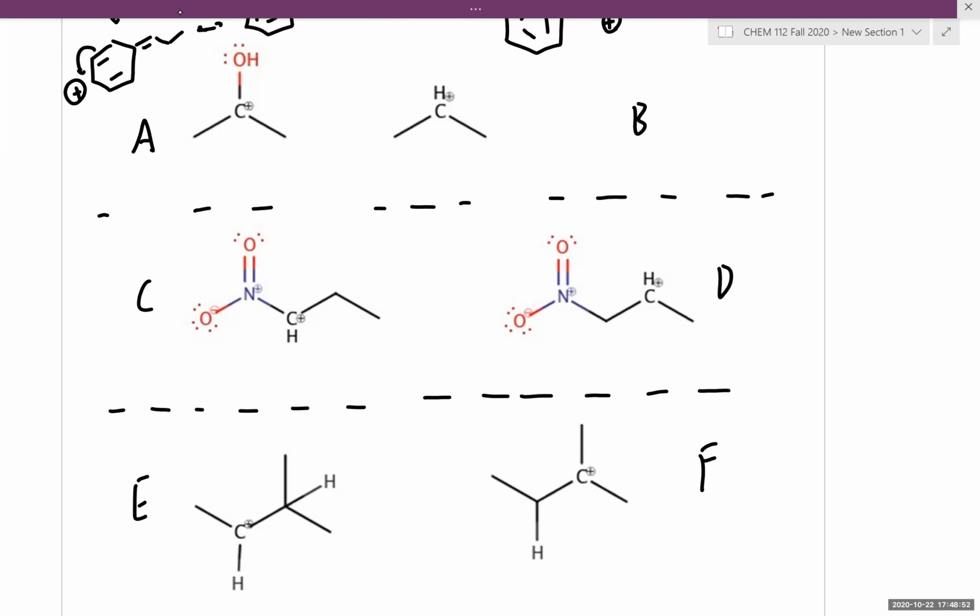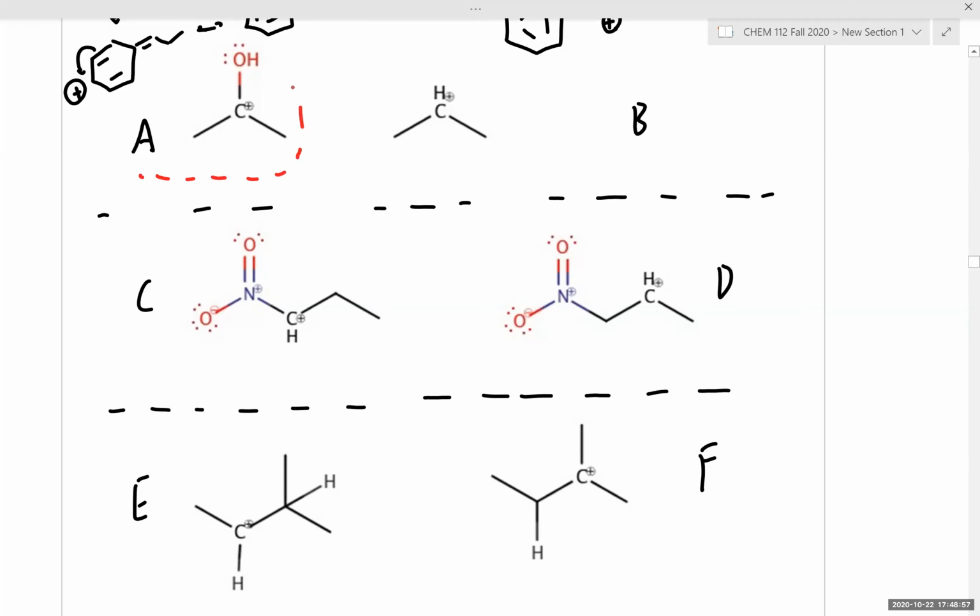So just to help communicate some student proposed responses, we see that in the chat, students are talking a lot about structure A, and they noted that this oxygen can engage in resonance donor effects.